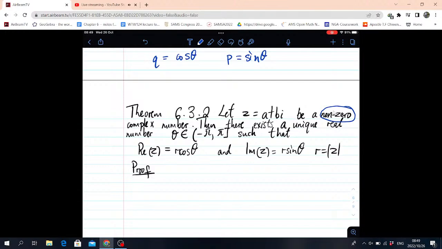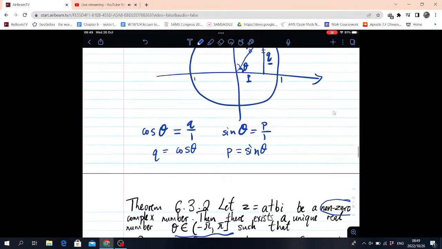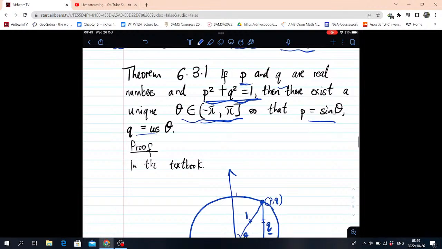Then there exists a unique real number theta, which is between minus pi and pi. One thing that I didn't mention: you see that theta is between minus pi and pi. That covers all the angles that you can get in a revolution.